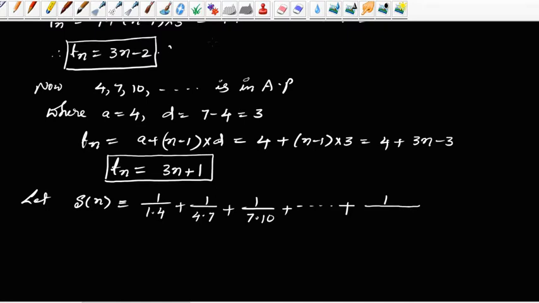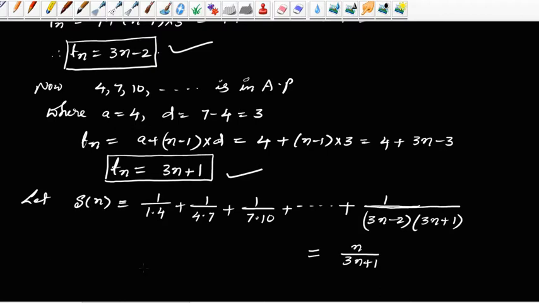The first factor is this one, the second factor is this one. We should write 3n minus 2 into 3n plus 1. So this is the LHS. Now what is given on the RHS? n by 3n plus 1. This is our statement, S of n.